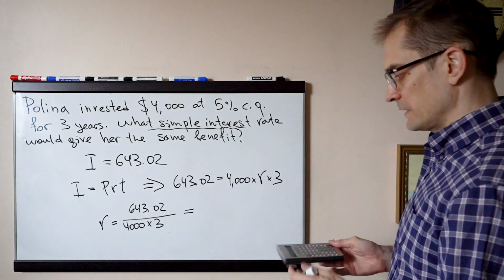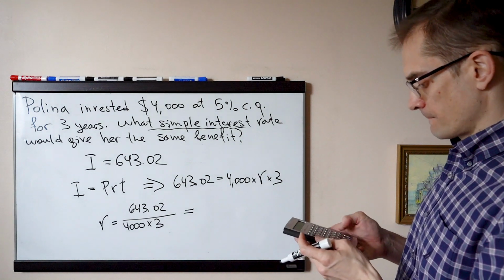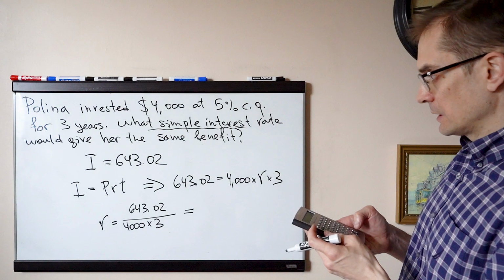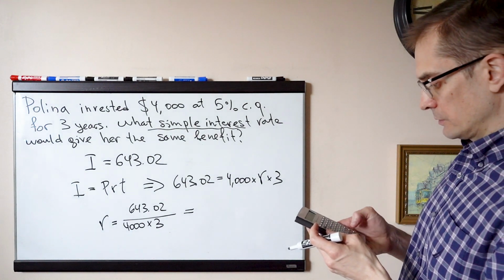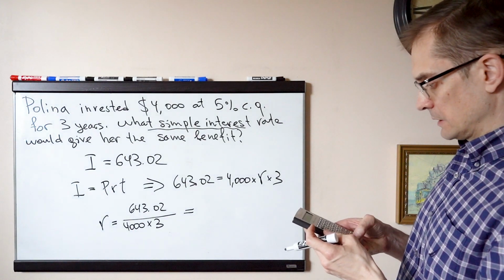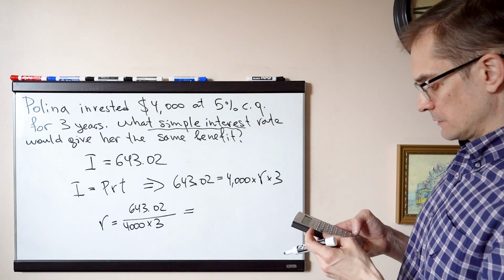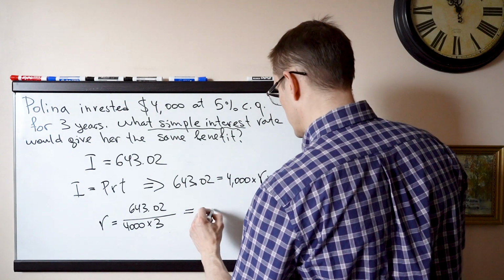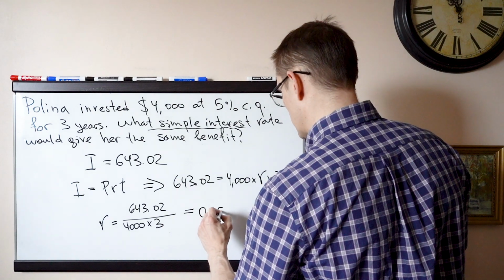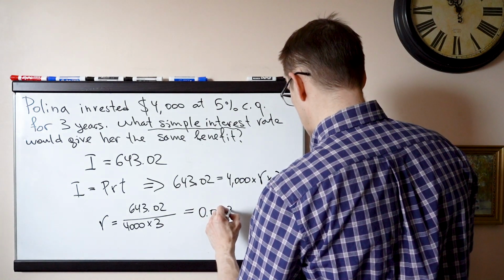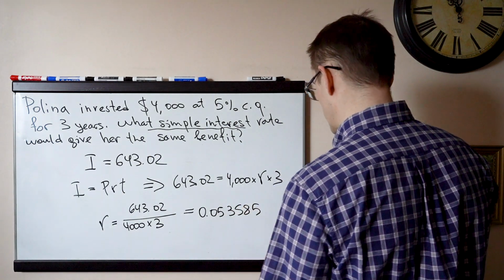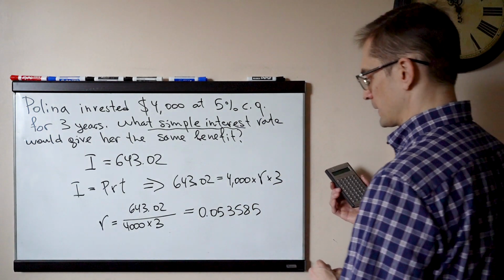So let's calculate this. 643.02 divided by 4,000 is 0.053585.